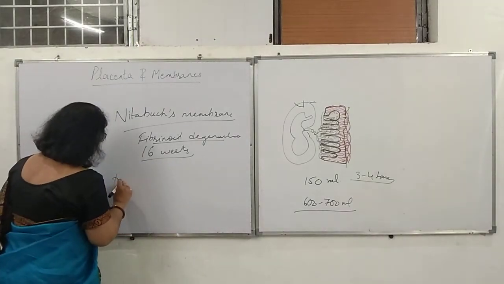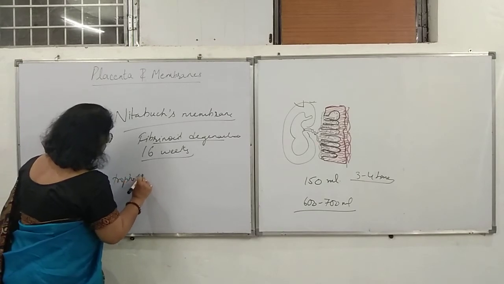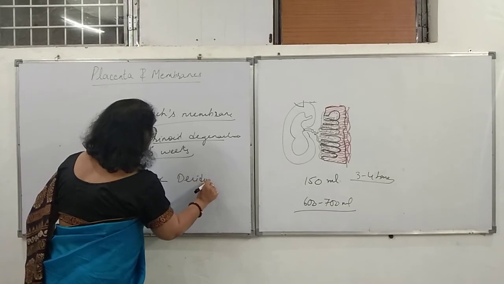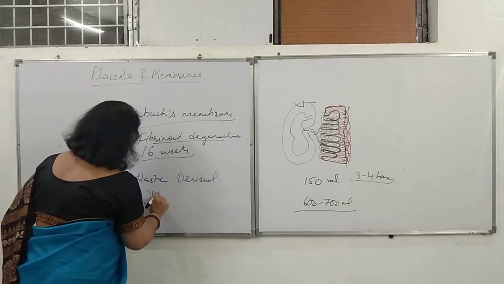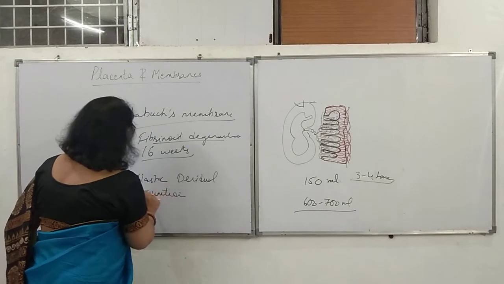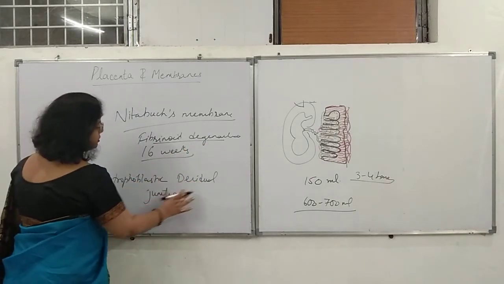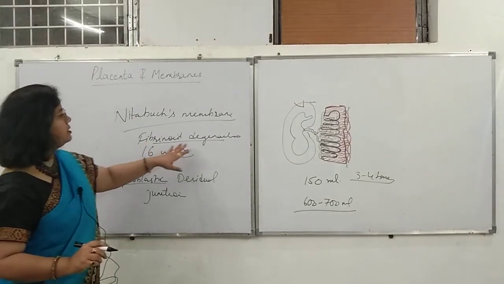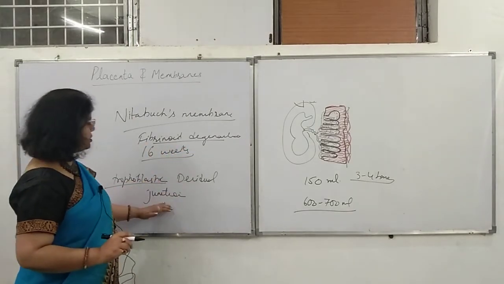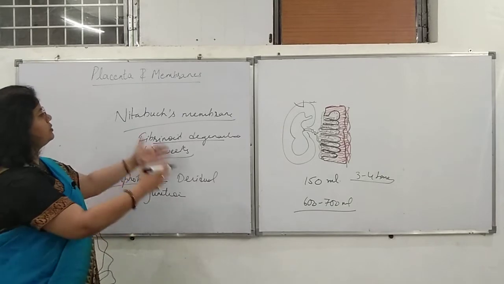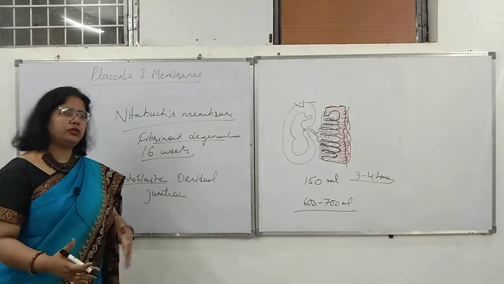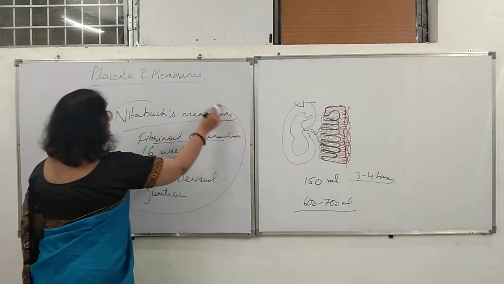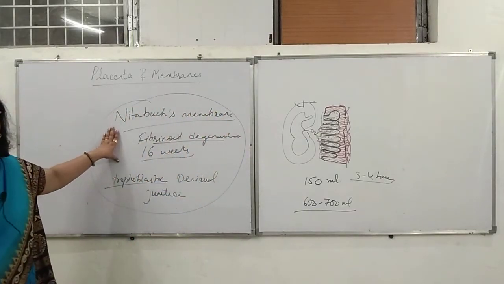At the trophoblastic decidual junction, this fibrinoid degeneration takes place, and this stops the further invasion of trophoblastic tissue into the decidua. If this degeneration does not occur at this time, if it fails to occur, what happens?